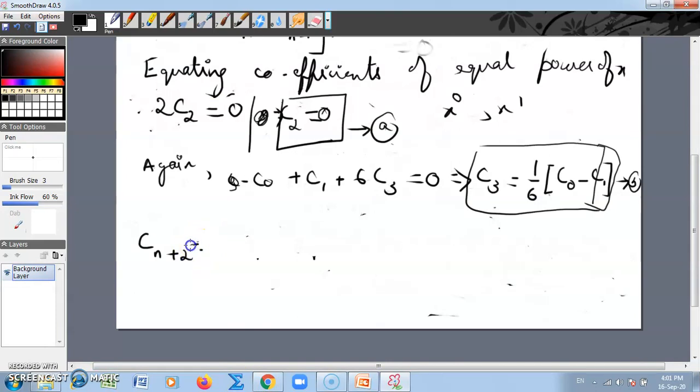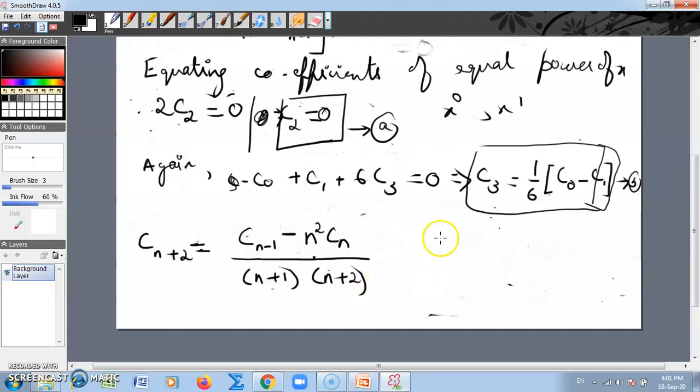Cn plus 2 is equal to Cn minus 1 minus n square into Cn divided by n plus 1 into n plus 2, and this we name as A, and we call it the recurrence relation.